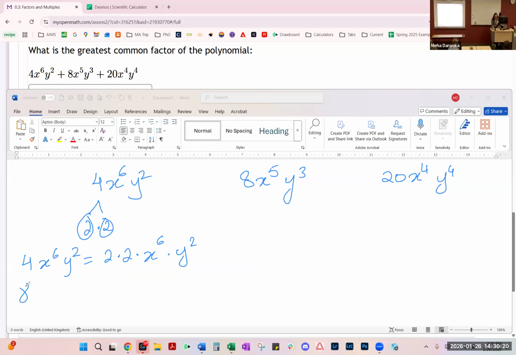For the 8, 8 of course breaks down into 4 times 2, and then of course 4 breaks down into 2 times 2, so you of course have 2 times 2 times 2, and then x to the 5th power, and then y to the 3rd power, right?